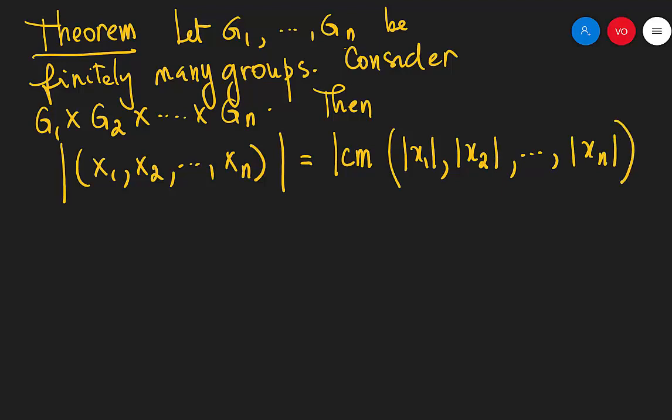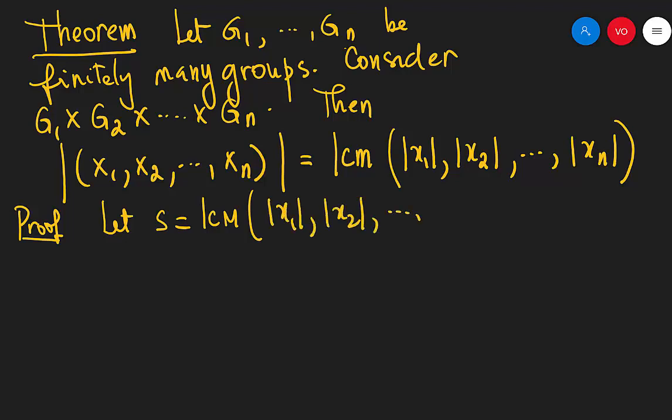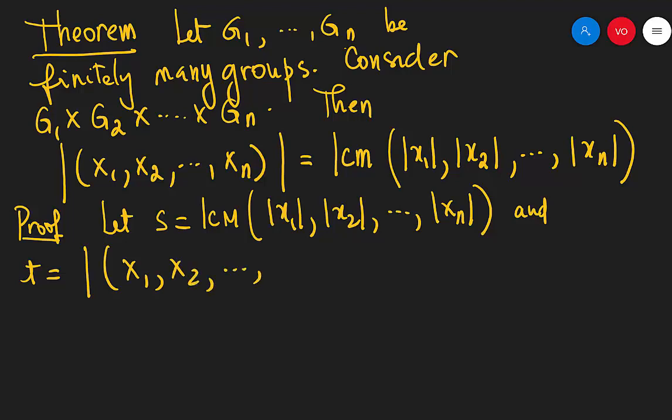All right. Now, to prove this result, let's suppose that S is the least common multiple of the orders of the elements, and we'll set T to be the order of this element.